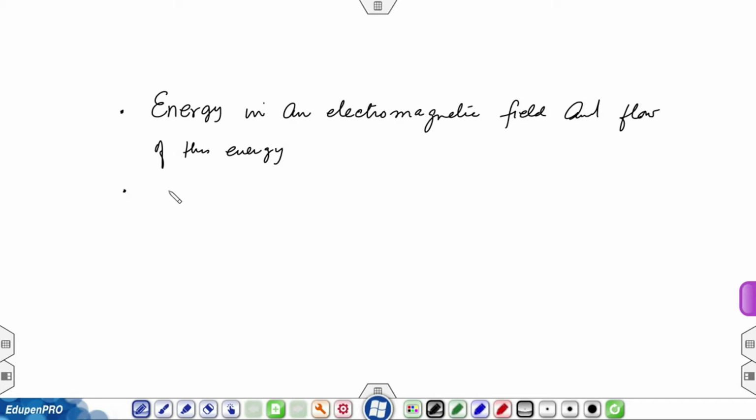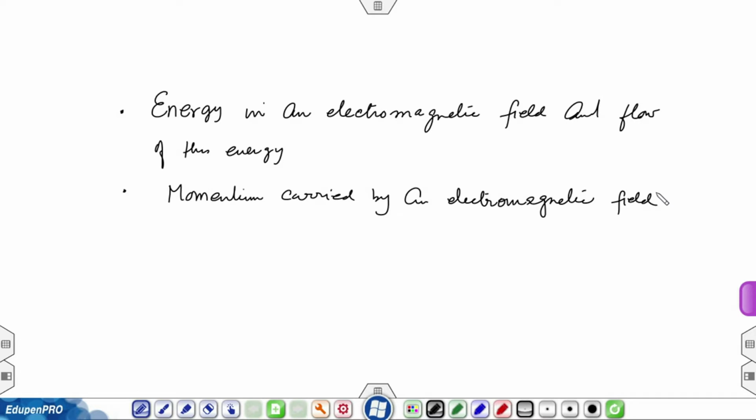We have also discussed momentum carried by an electromagnetic field, and in both cases we have also discussed the conservation laws connected with the quantities above.